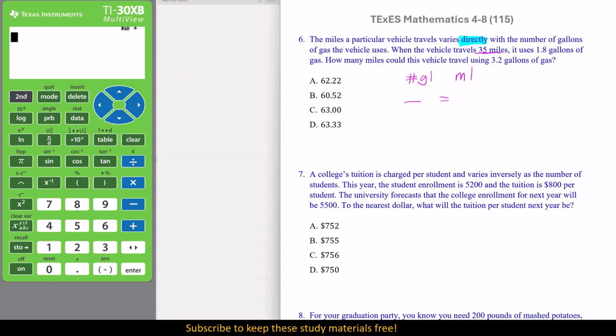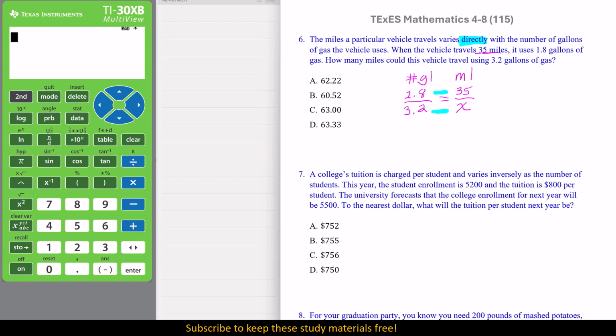We need our equal. Set this up, and they're going to be direct, so it'll go across like this. So for 35 miles, we have 1.8 gallons. I want my 1.8 gallons over here to my 35 miles. Those go together. Now I come down and they're saying, what if it was 3.2? Well, now I know where to put my x.